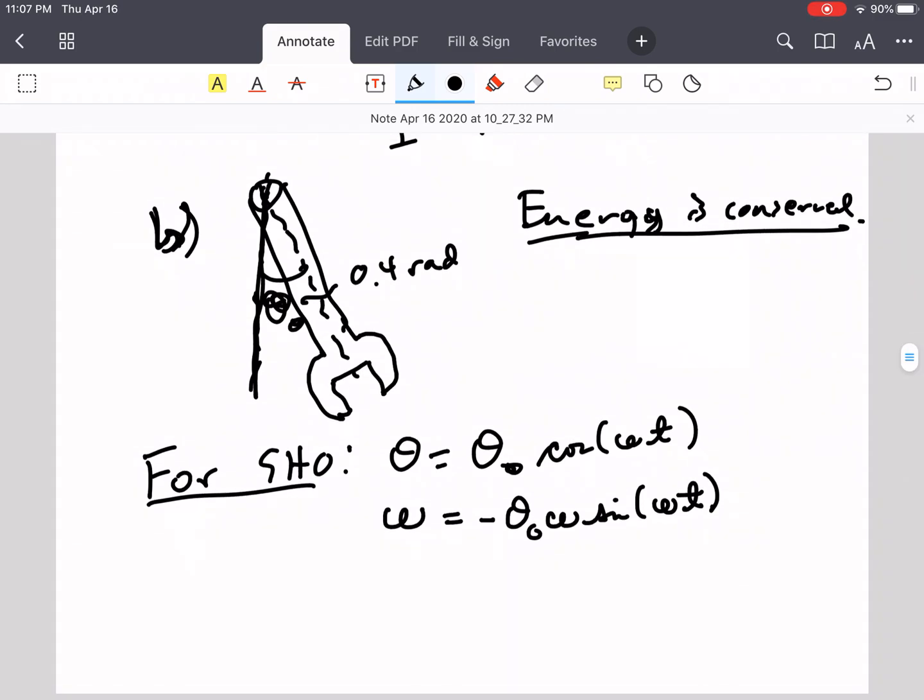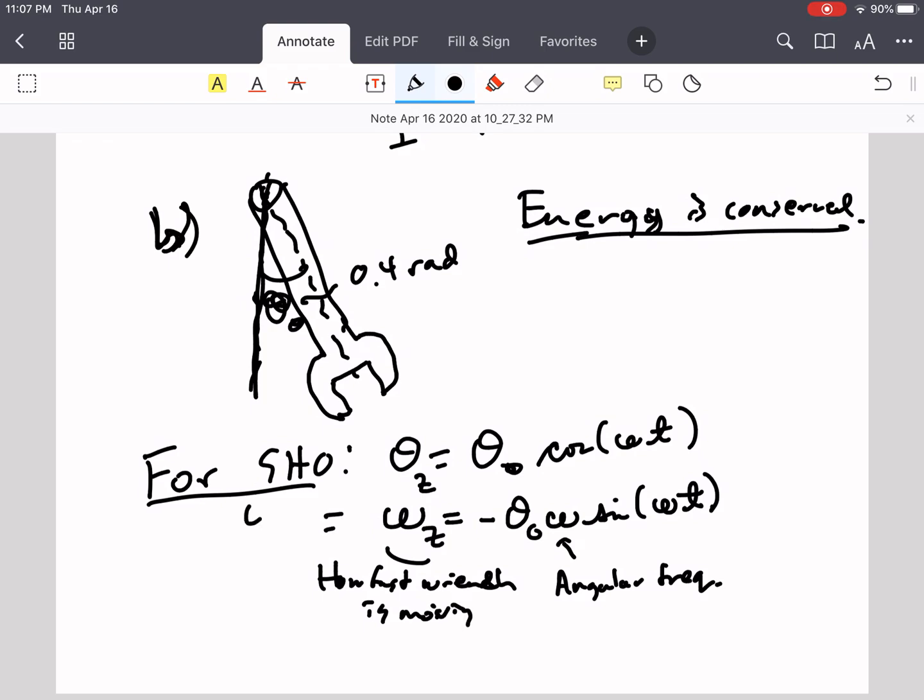So for example, this is, I should say, omega z. Here I want to be very careful. I'll add the subscript z to make sure that it's very clearly different from the angular frequency, omega. So omega here is the angular frequency. That's how fast the oscillations go. And omega z here is how fast the wrench is moving. Confusing, I know. But by definition, what I mean by that is d theta dt.